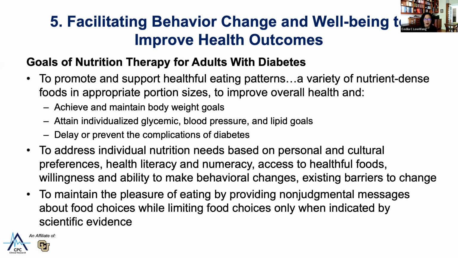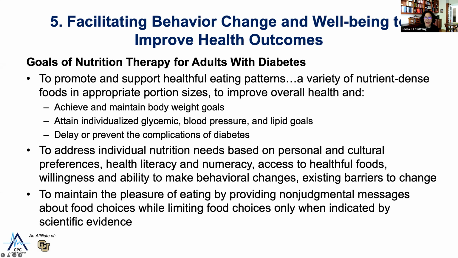So this is personal preferences, cultural preferences, the health literacy and numeracy, trying to read that nutrition label and do calculations on how many servings am I having, how do I multiply this. There's basic health literacy and numeracy that's needed on this level as well, to address food intake and calories and carb content, et cetera.